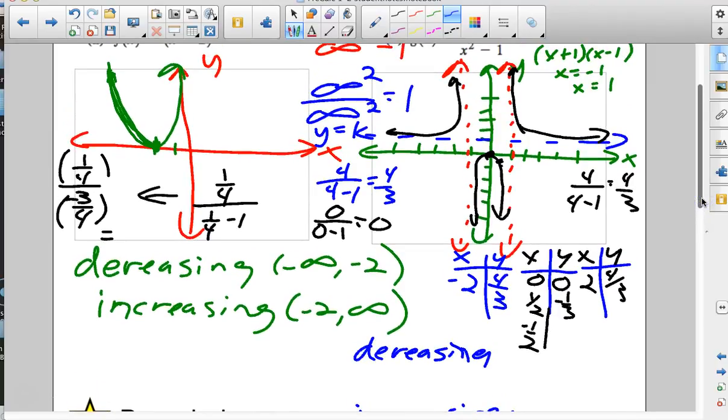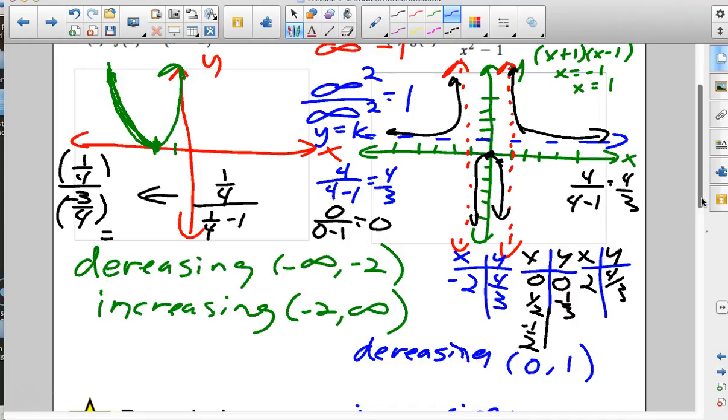Well, as we draw this graph, this is all increasing. It's pulling away from the asymptote and it's increasing. On this side, I'm increasing, but then there we go, there's a decreasing. So how are we going to represent this decreasing interval right there? 0, 1. This is going down from left to right, so we're also going to have to represent that as decreasing.